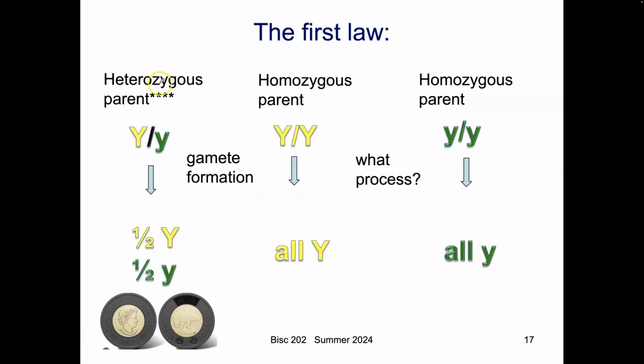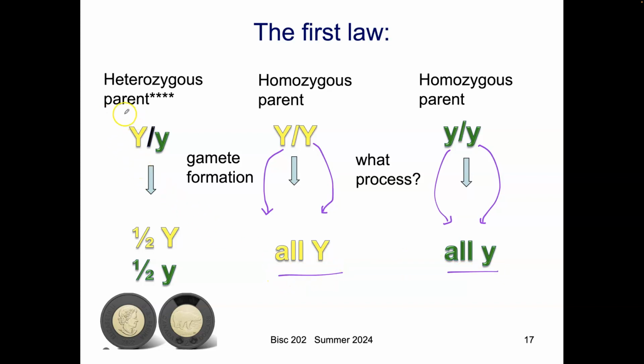Okay, so the first law, the alleles separating from each other, is not really relevant. That law sort of doesn't matter in a way if we're homozygous for the dominant or for the recessive alleles, because if both of your alleles are the same, then all the gametes, sperm or eggs or pollen or ova, are all going to be either the recessive or the dominant trait.